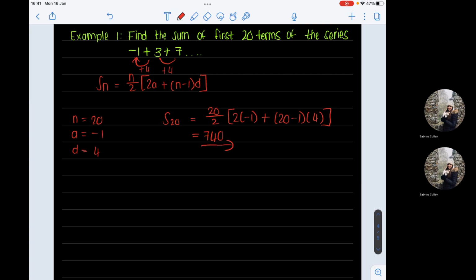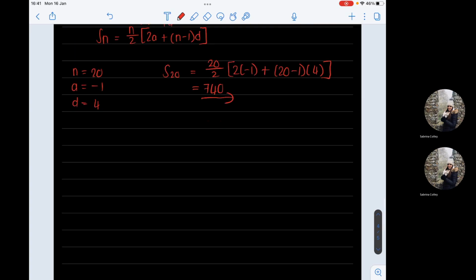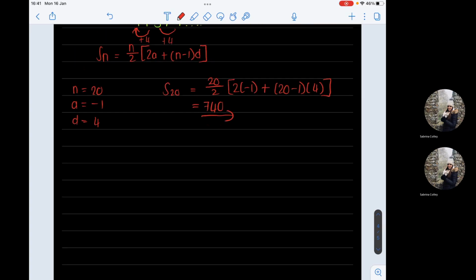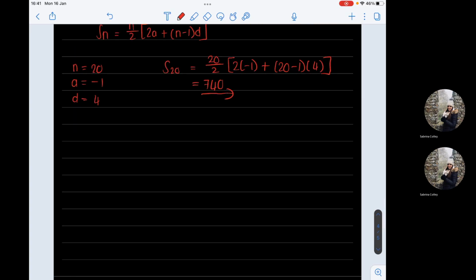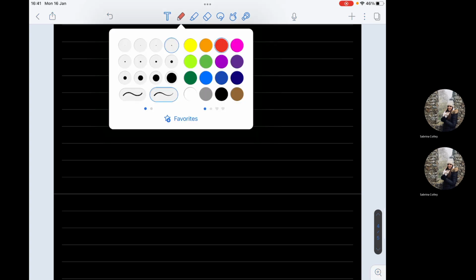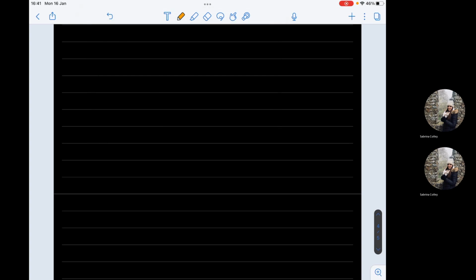Okay, let's look at one where only the first and the last term are given. For instance, let's look here. Find, so this is example 2.